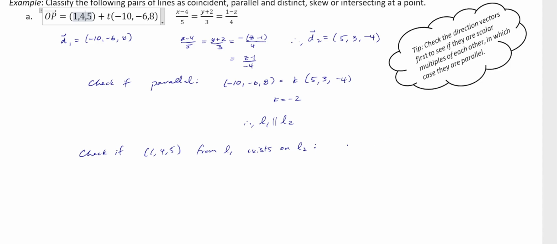So 1 minus 4 over 5 is equal to 4 plus 2 over 3, which is equal to negative bracket 5 minus 1 all over 4. And what I get right here is -3 over 5 equals 2, which is equal to -1. Well, we know that that's not the case. Okay, and so therefore they are in fact parallel, but they do not share any points, right?